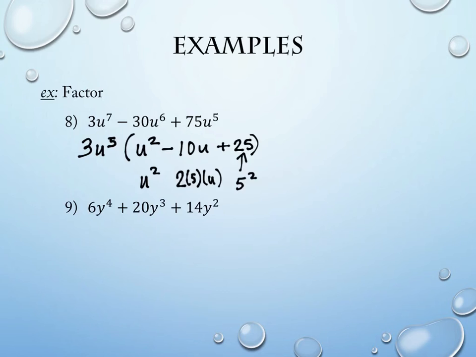Now there's one trick to it here. Notice my sign's not quite right. Did y'all see that? So I actually need it to be a negative right here. So what I actually need at the end is a negative 5 that's being squared.